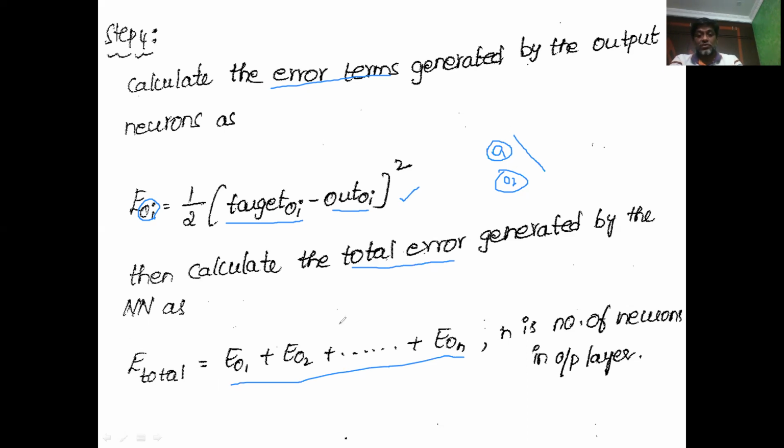So EO1 plus EO2 plus so on plus EON, where n is the number of neurons in the output layer. So if you have five output neurons in the output layer, then E total is equal to E1 plus E2 plus E3 plus E4 plus E5. That is how it will be calculated.